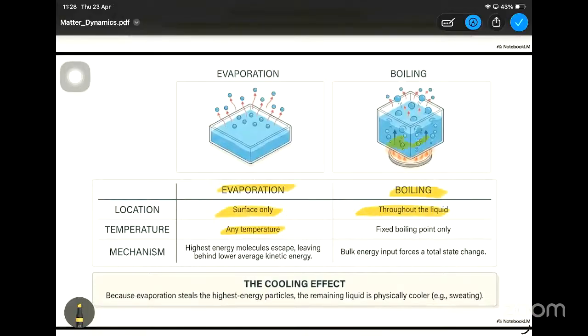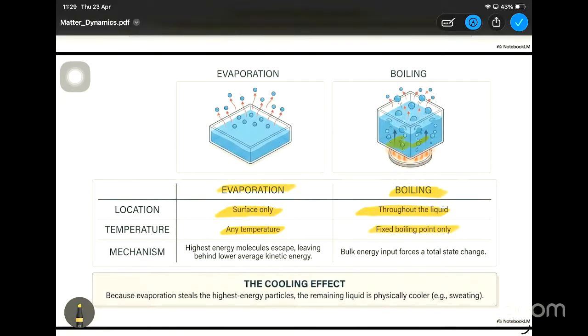It's actually a spontaneous process, which means there's no need to provide energy either. But boiling occurs at a fixed temperature, known as the boiling point. And most of the time, in 99% of cases, we need to provide energy in order for boiling to occur, right?